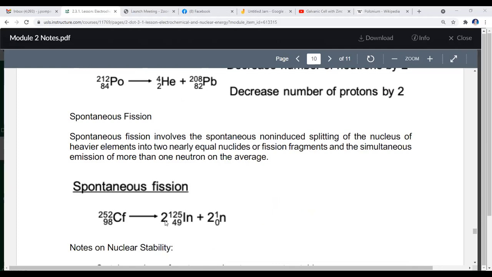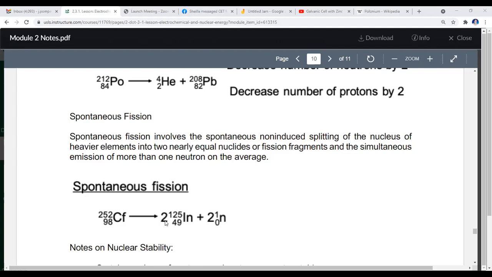What's spontaneous fission? Spontaneous fission involves the spontaneous, meaning non-induced, splitting of the nucleus of the heavier elements into 2 nearly equal nuclides or fission fragments and the simultaneous emission of more than 1 neutron on the average.